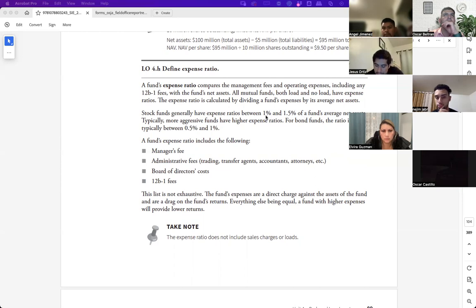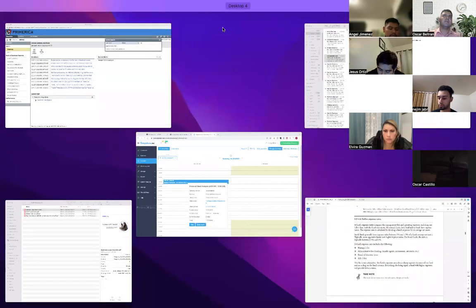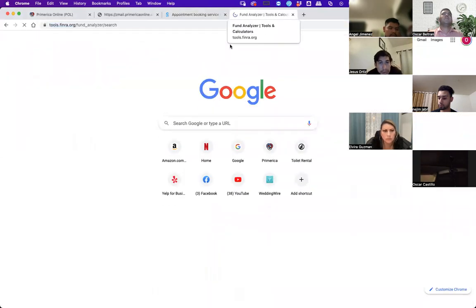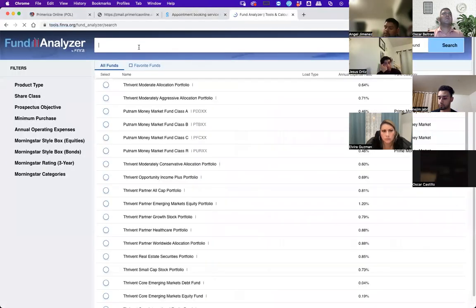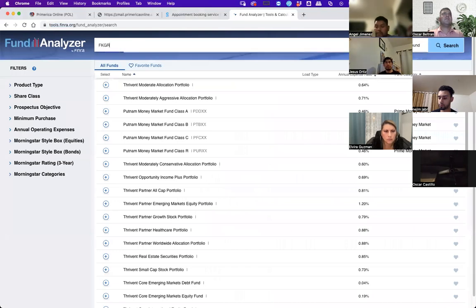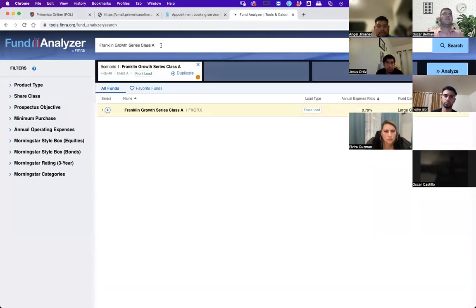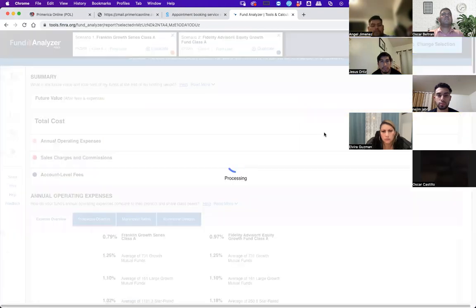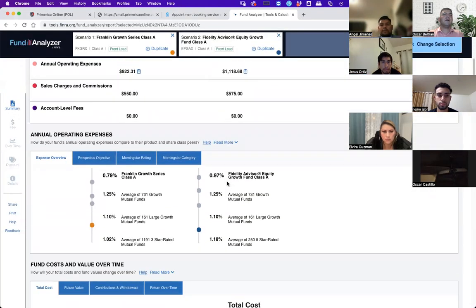Look, anything between 1% and 1.5% is a more aggressive fund, which means it involves more management. They're actively overseeing that fund. If you look right here at tools.finra, I'm going to show you two different funds, FKGRX and EPVAX.